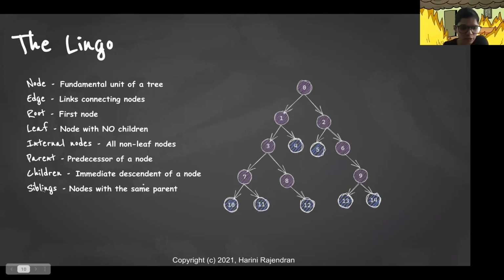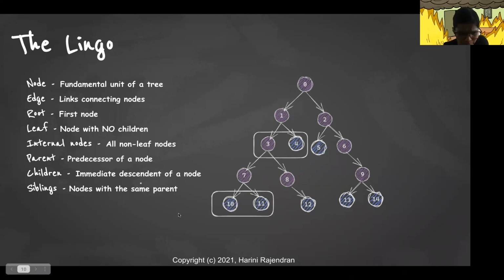And there's also this concept of siblings. Any set of nodes which has the same parent are called siblings. So as I have marked here, 3 and 4 are siblings because their parent is 1. 10 and 11 are siblings because their parent is 7. Similarly, 13 and 14 are siblings, 5 and 6 are siblings, and 1 and 2 are siblings.